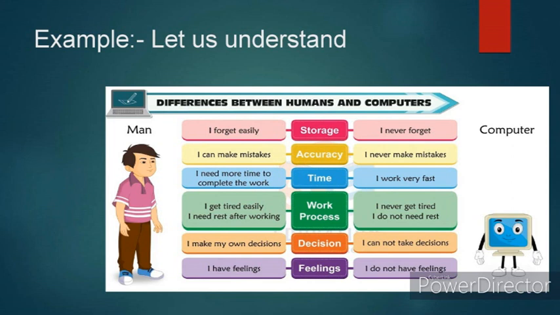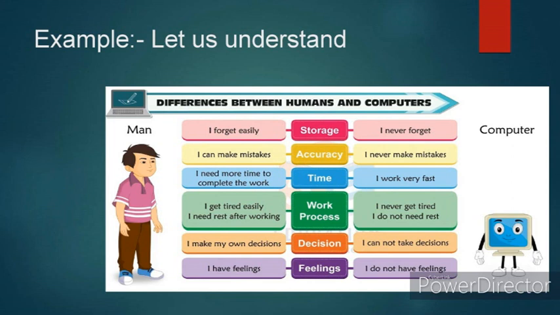Man says, I can make mistakes. Computer says, I never make mistakes. And third point, time. Man says, I need more time to complete the work. Computer says, I work very fast.